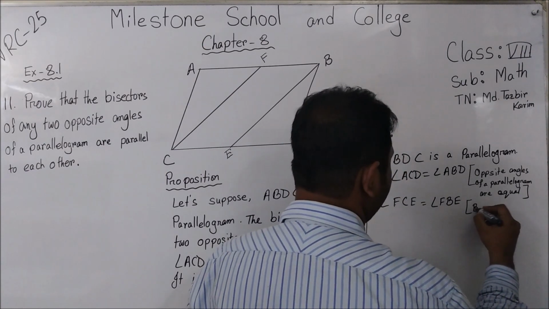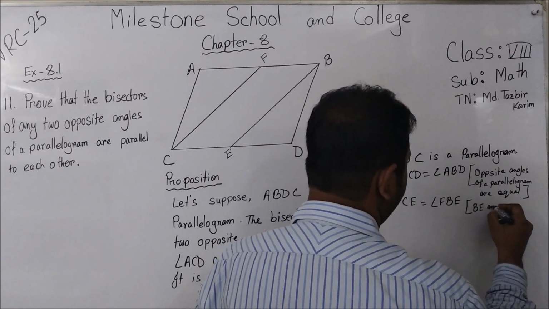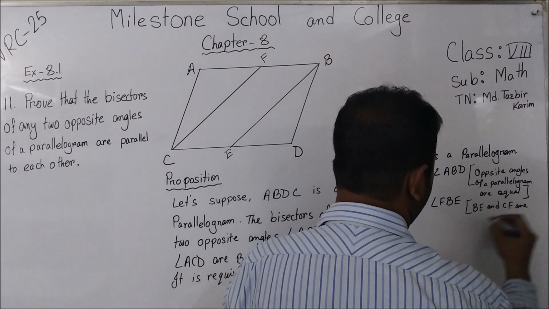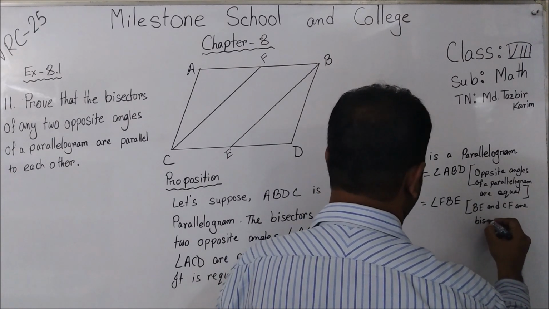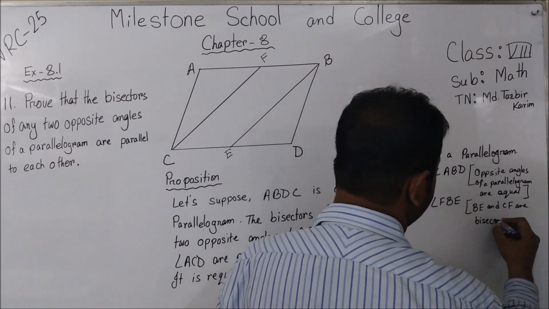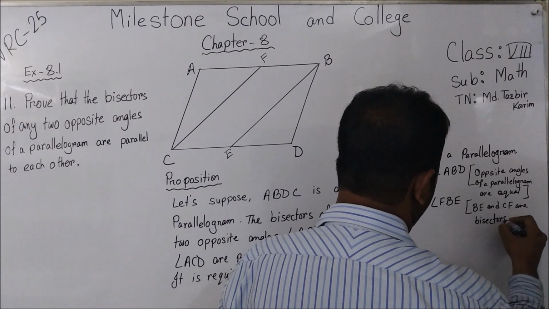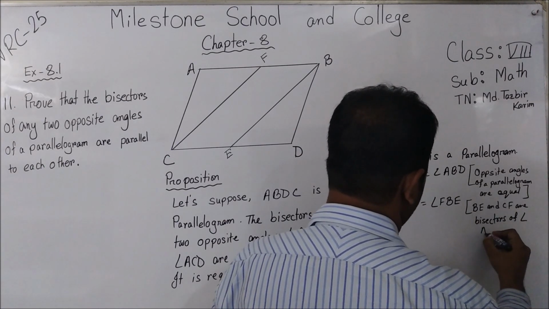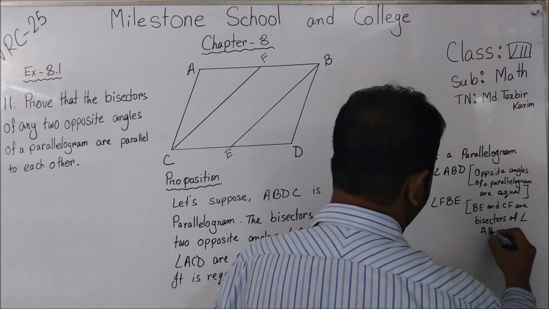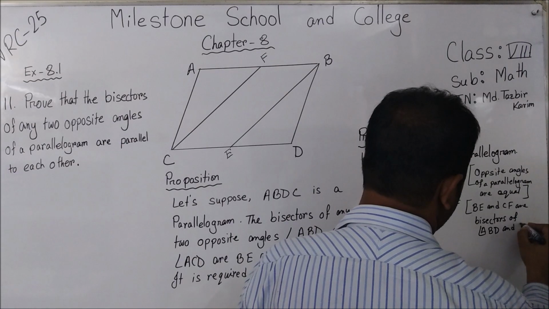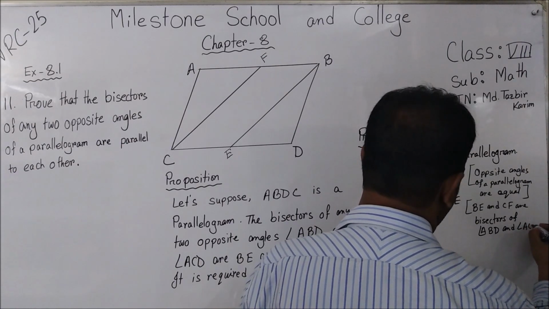The reason is because BE and CF are bisectors of angle ABD and angle ACD.